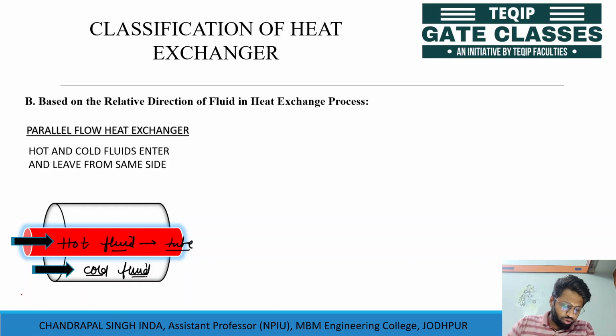So the directions of the fluids are the same, so the relative direction is the same, or we can say in the parallel direction. So it is known as a parallel flow heat exchanger.